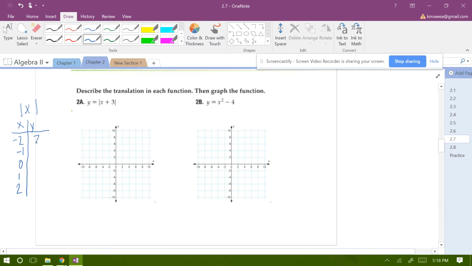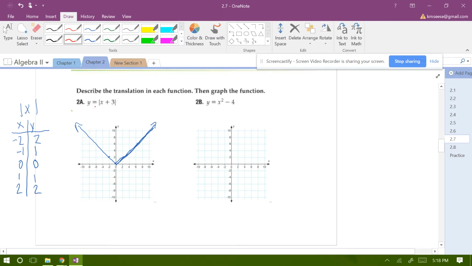The absolute value of -2 is 2, the absolute value of -1 is 1, 0, 1, 2, right? So your basic absolute value function is going to look like this.